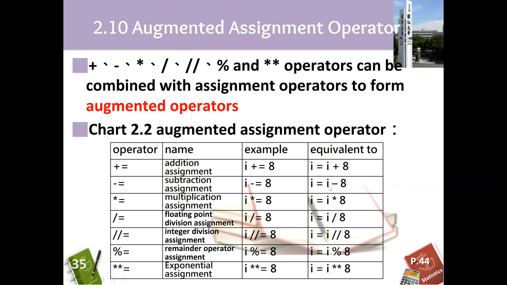It just deletes the repetition, because programmers do not like repetition, so they created something new. The new I equals the old I plus 8, so they combine together. We call it the combined operator, the augmented assignment operator. Hope you can understand. Okay.